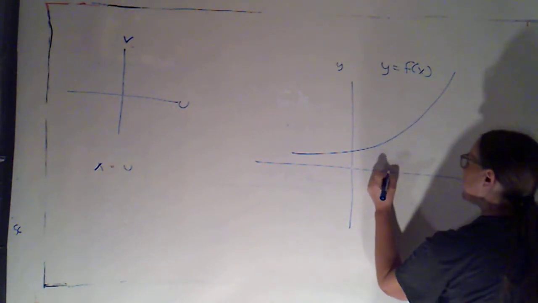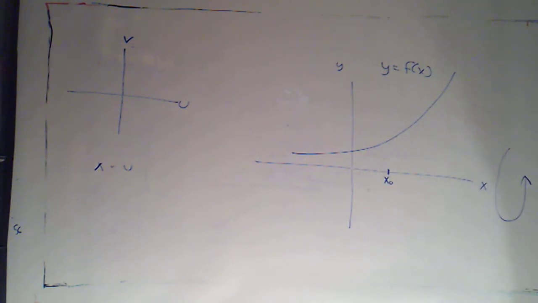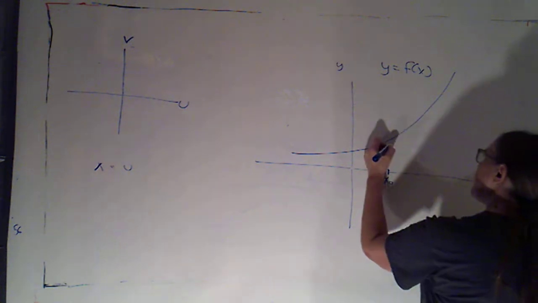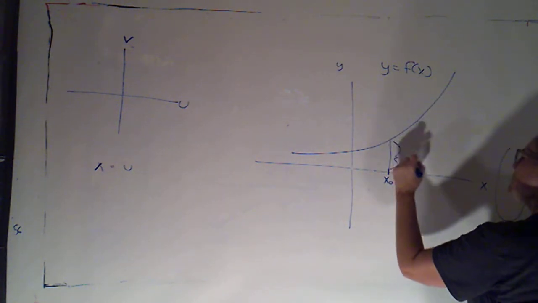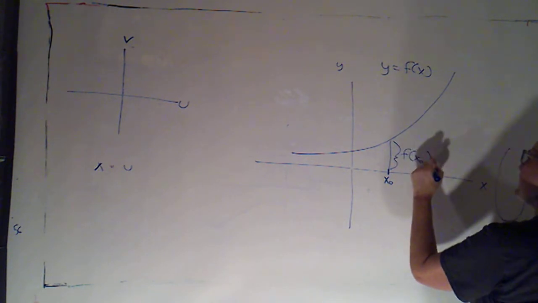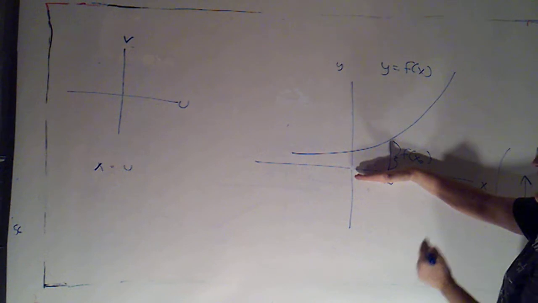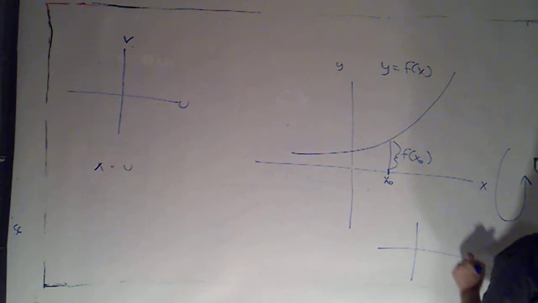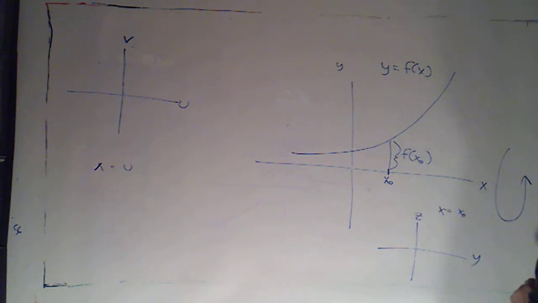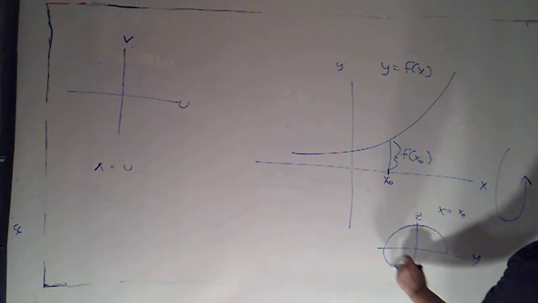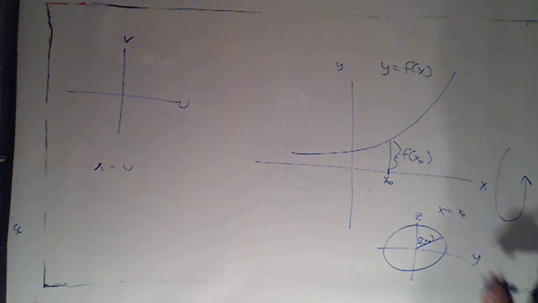Essentially what would happen is if I'm at a particular x value x naught, then what I'm doing is drawing a circle whose radius is f of x naught about the x-axis in that plane. So if I look in the plane x equals x naught, that's parallel to the yz plane, what I'm going to see there is a circle of radius f of x naught.